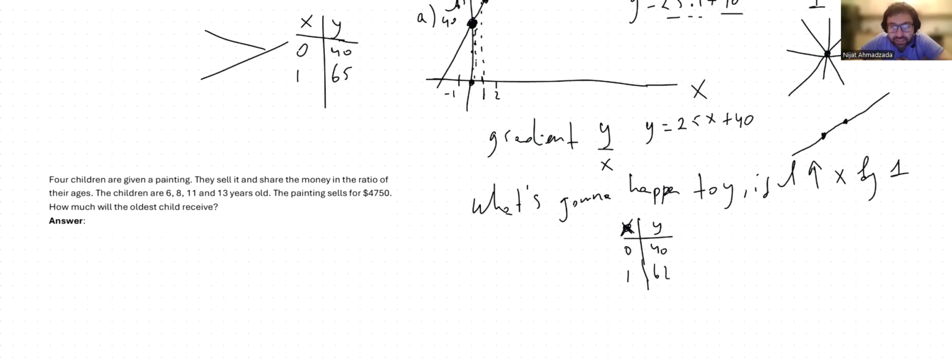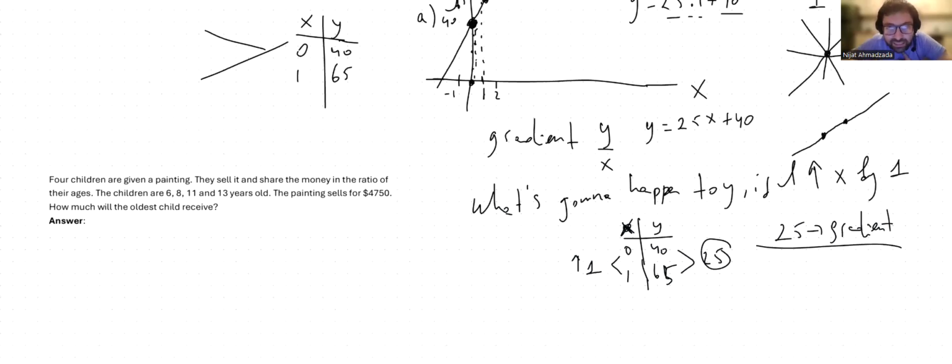So when x is increased by 1, y also is increased by how much? 25. So the gradient will be 25, okay? And what does it mean? It means that when I increase x by 1, y is being increased by 25.